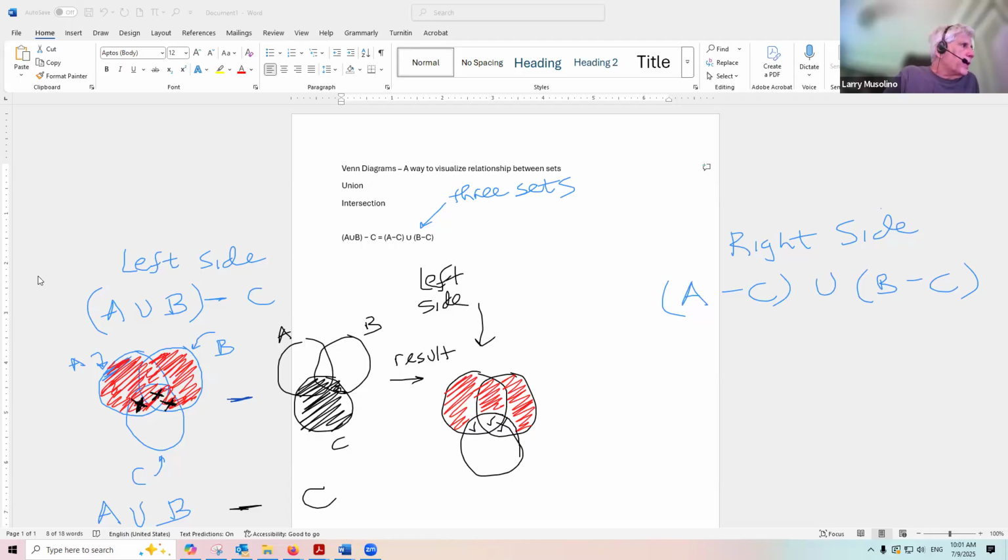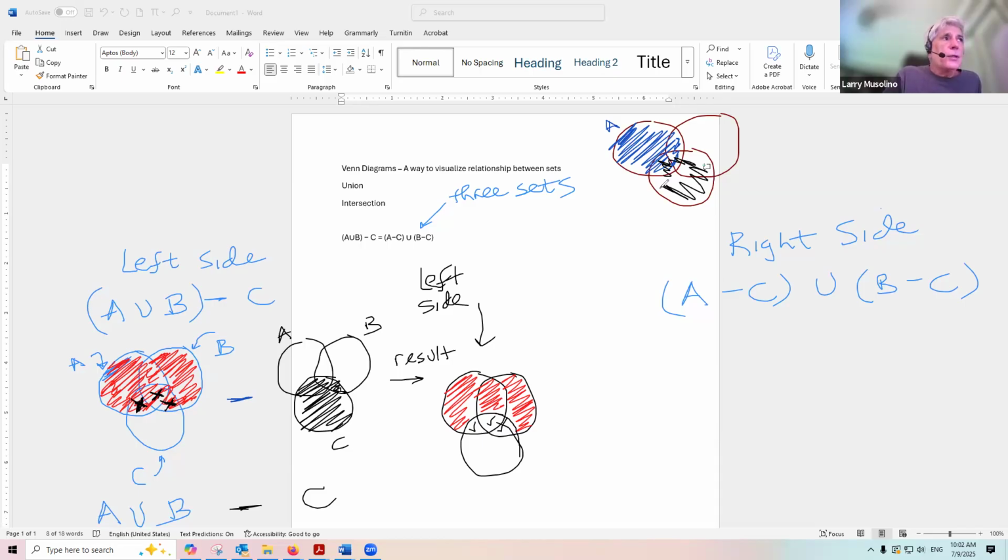Let me first think about A subtract C. Maybe I'll do it up here to give myself a little more room. Let me do A in blue. So here's A, but I want to subtract C, and C, of course, is anything in this circle.